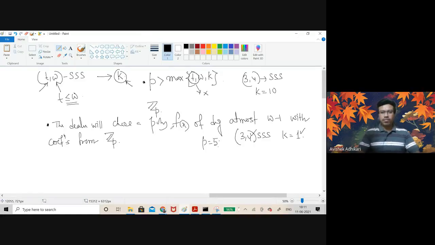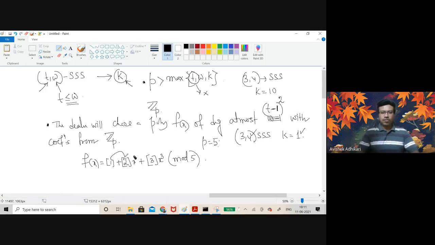Now he chooses a polynomial of degree W minus 1, sorry, not W minus 1, the degree should be T minus 1, the threshold value minus 1. So he will choose a degree of at most 2. He may choose f(x) equal to the secret as the first coefficient, 1, plus randomly chosen class 2 into x plus class 3 into x square, modulo 5.